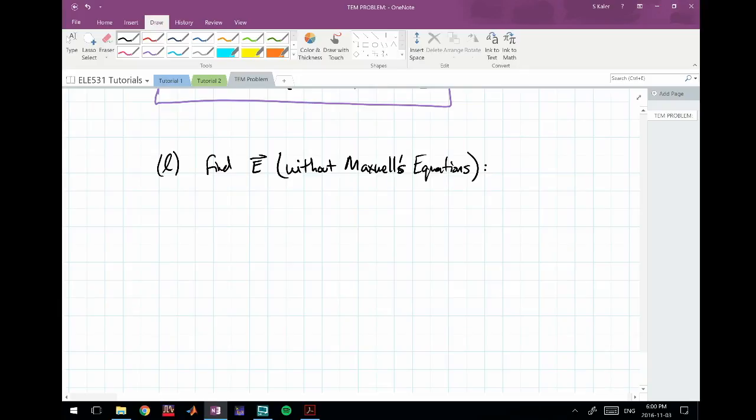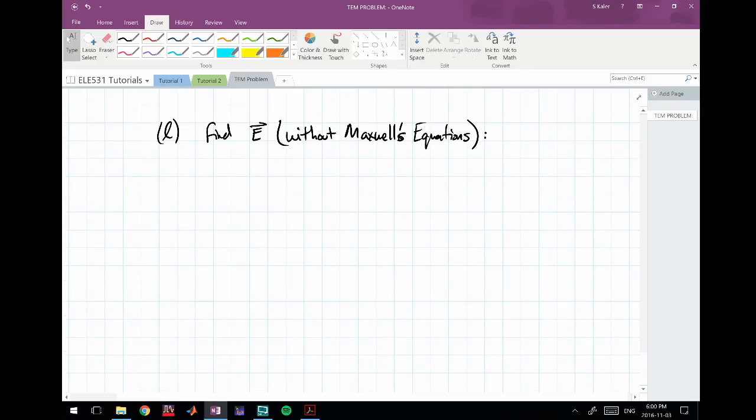So if we want to do it without Maxwell's equations, you may recall the relationship between Es and Hs, if we're going from E to H at least, is this. ap is the direction of propagation, so in our case that'll be negative y.